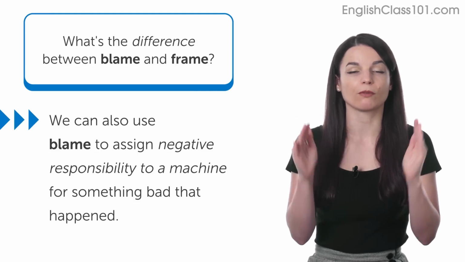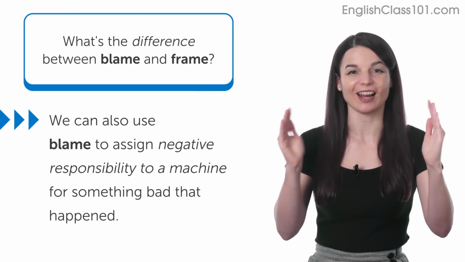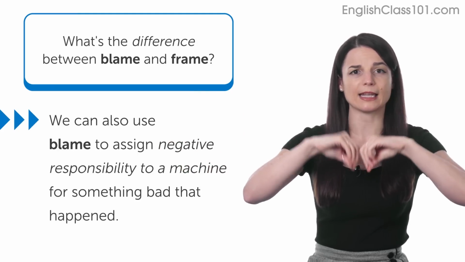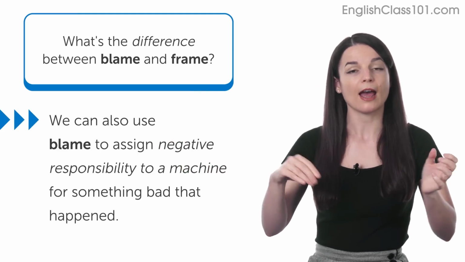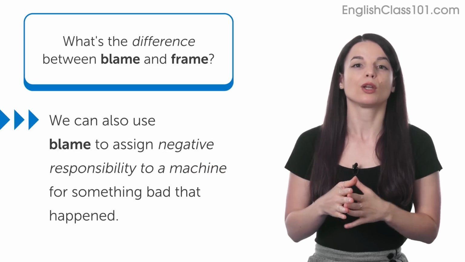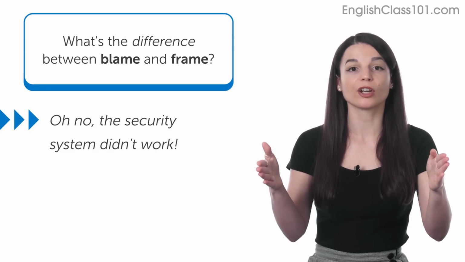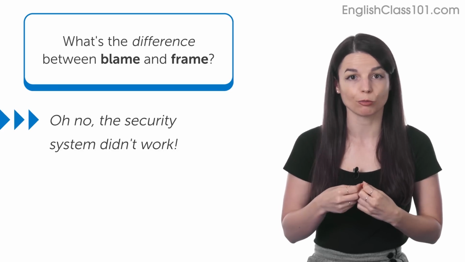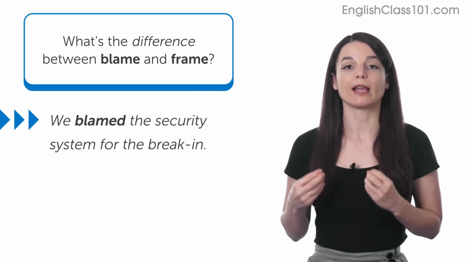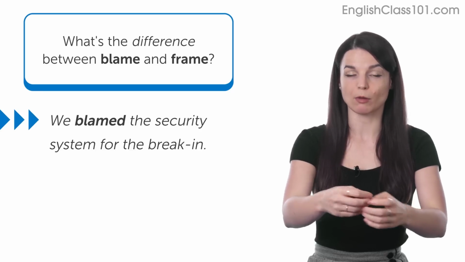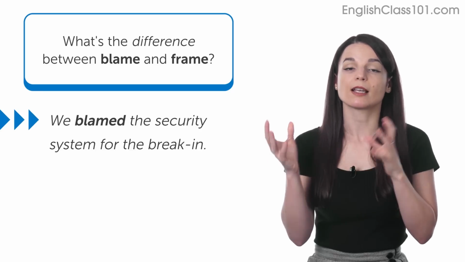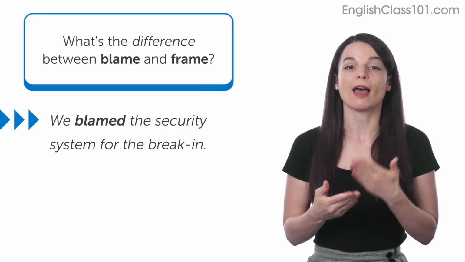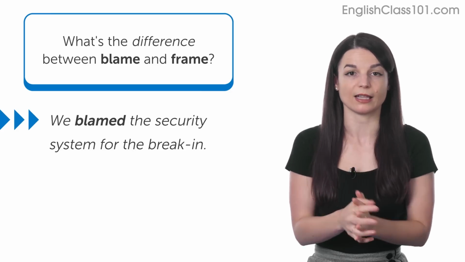So for example, if you have a security system in your house and a thief breaks into the house, a thief is able to get into your house and steal things, after this happens, you might say, oh no, the security system didn't work, or the security system had some kind of problem. You could say, we blamed the security system for the break-in. So that's assigning responsibility or pointing out the security system as the responsible thing in that situation.